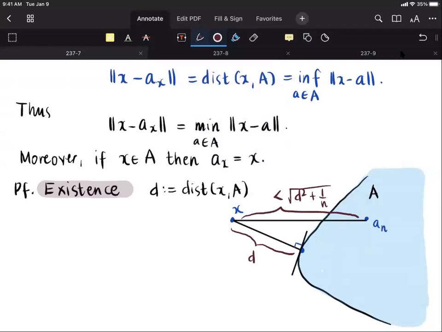Obviously this number is greater than d, and this is guaranteed by the definition of the infimum.